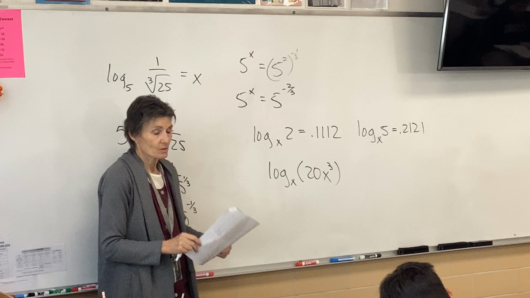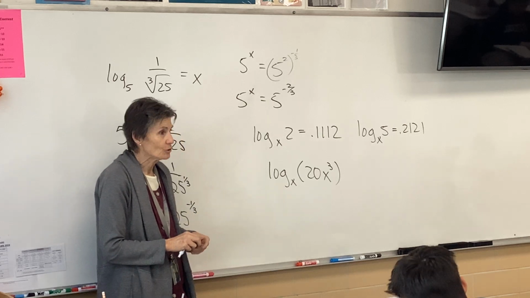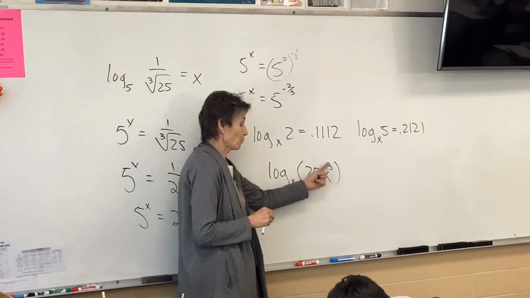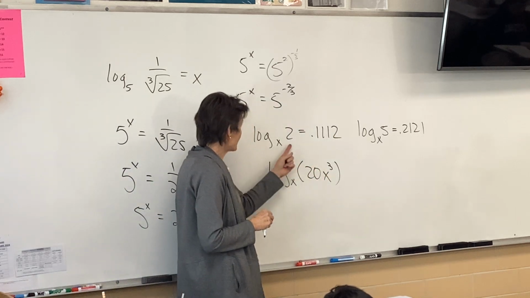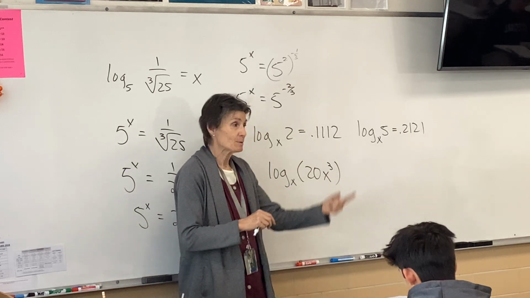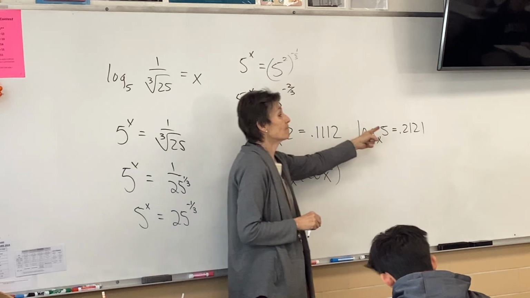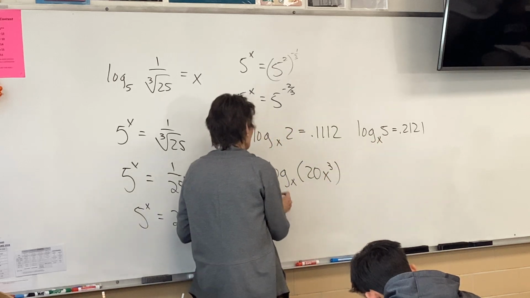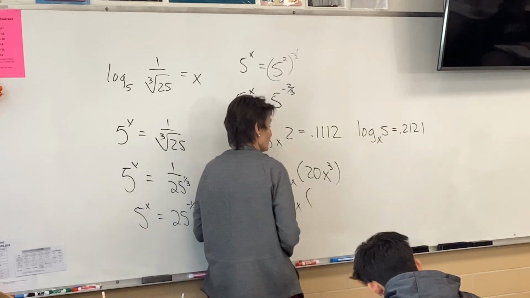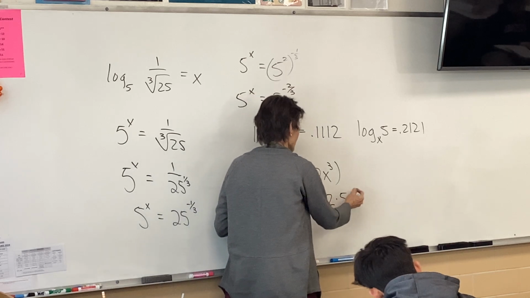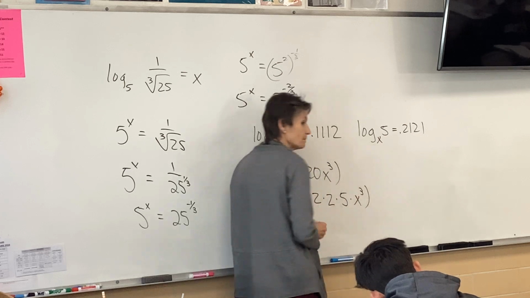So what does that mean I need to do, Dana? Just write it out. I need to rewrite this in terms of numbers that I have been given. I was given 2 and 5. So what can I do with 20? 2, 2, 5. So 20 can be rewritten as 2 times 2 times 5, and then I have my x cubed.